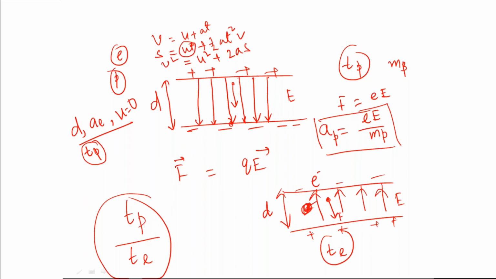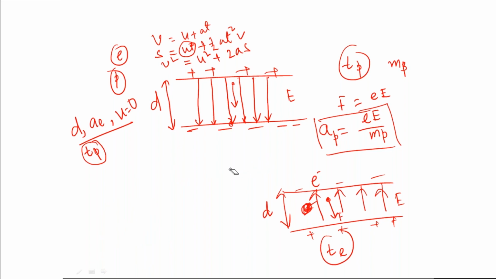So from here, if I find out the time tp, what I get? tp square will be 2d by a, and a is the ap obviously.